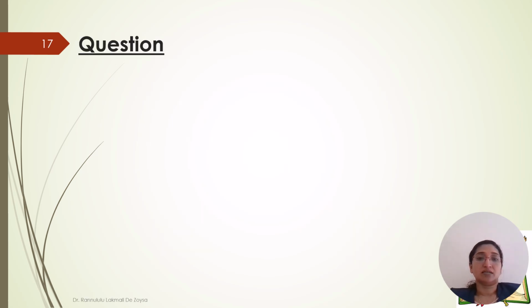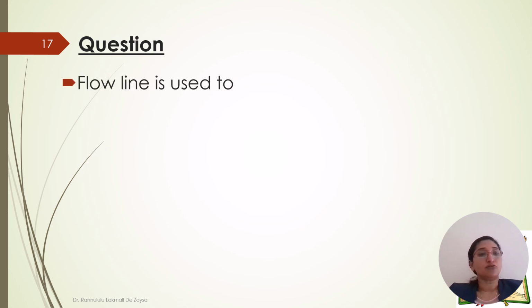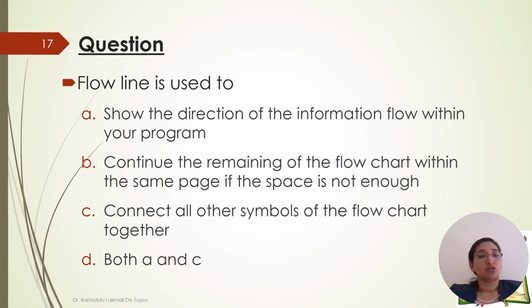Right. A small recap for this section. Flow lines are used to show the direction of the information flow within your program, continue the remaining of the flow chart within the same page if the space is not enough, connect all the other symbols of the flow chart together, both A and C. What is your answer?